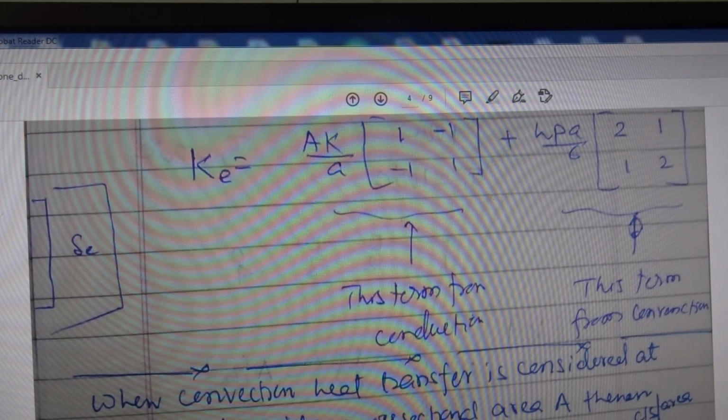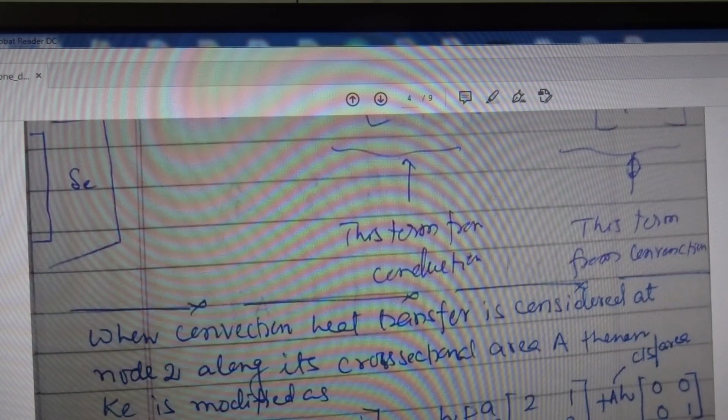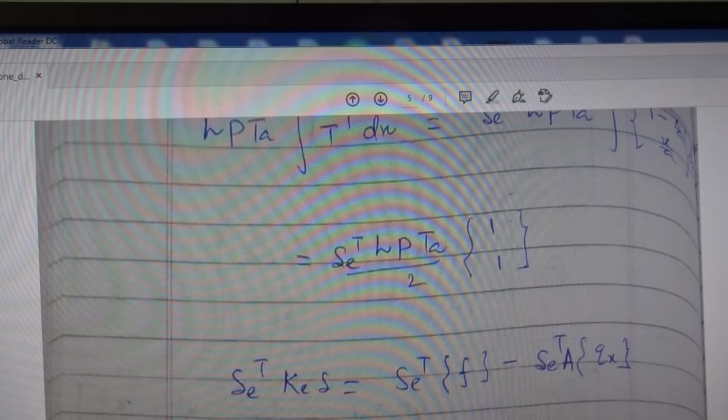So it considers the heat transfer at the cross section at the last node of the bar.